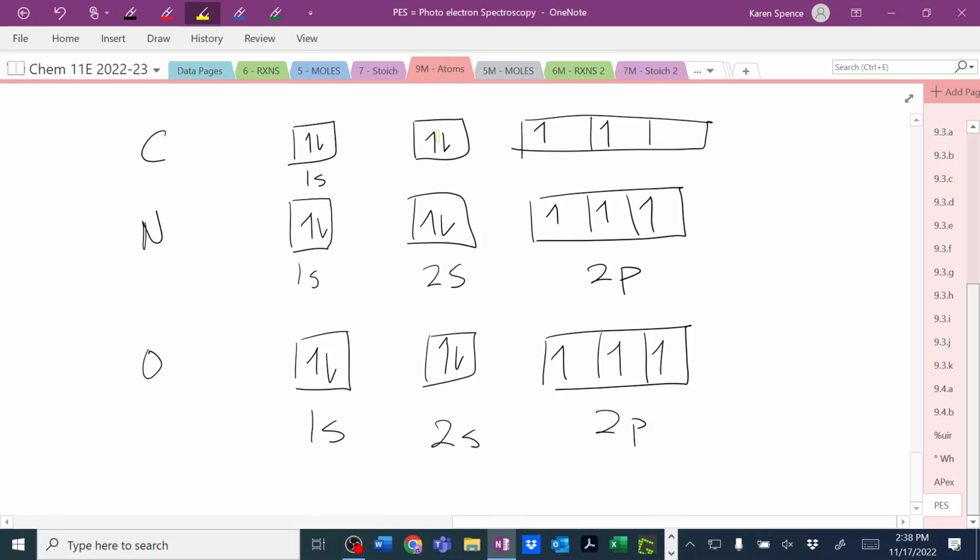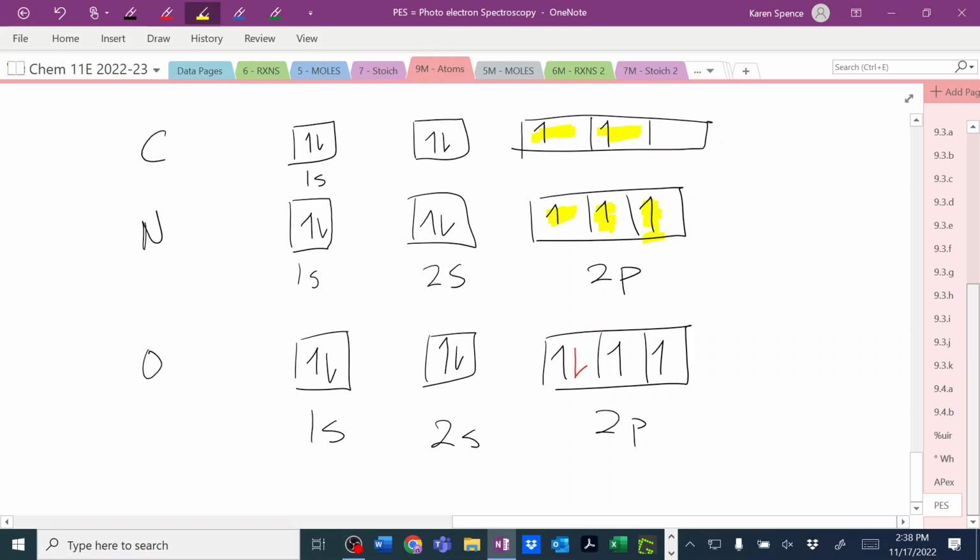Each electron gets its own orbital. In nitrogen, each electron in the 2p subshell also gets its own orbital. But when we get to oxygen, that next electron has to go into an already occupied orbital.